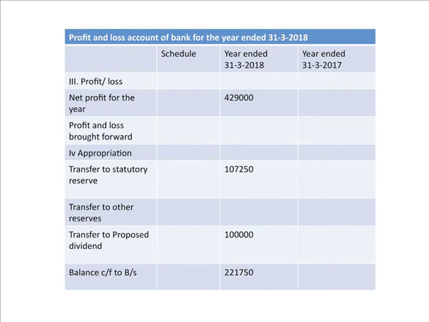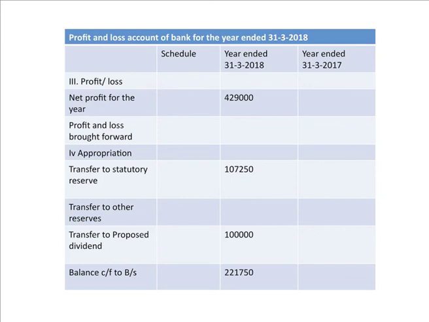So, we will be left with the balancing figure to be carried forward in the P&L account to the extent of 2,21,750.